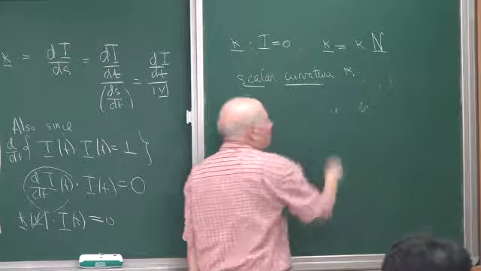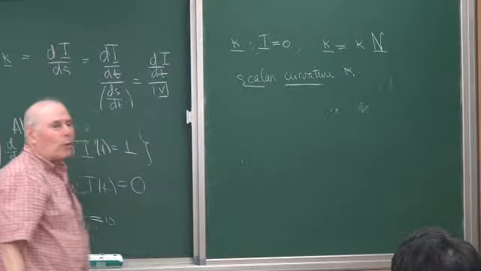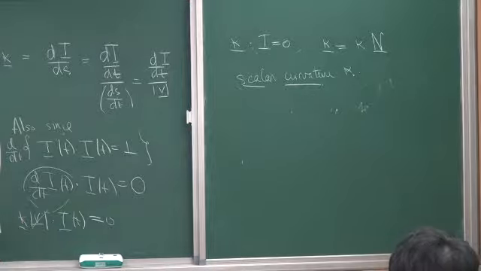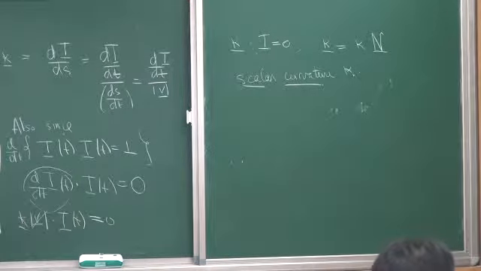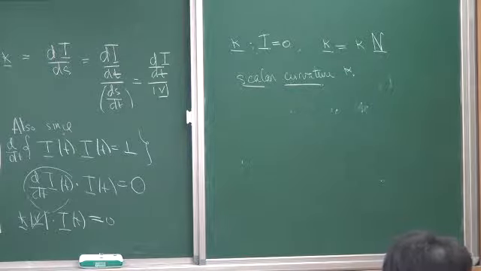So there was a curvature vector and a curvature scalar, and the one we always ask the students to compute. Of course, the magnitudes are the same, because the n is the unit normal.